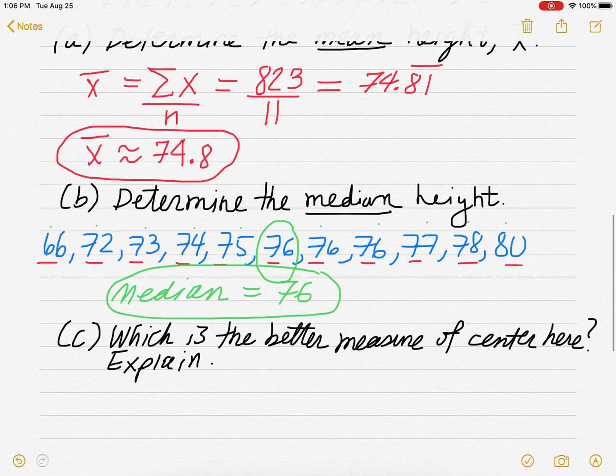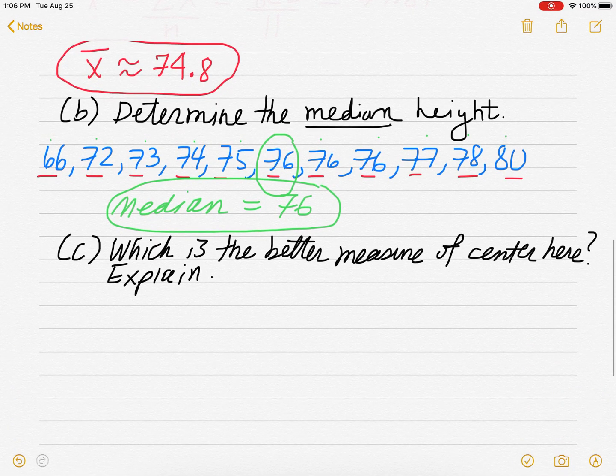Okay, I'm going to scroll down just a little bit. Let's look at our data set here in blue. I've arranged it in order from the smallest to the largest. You see 66 is the smallest, 80 is the largest. Which of these do you think is a better measure of center? 74.8, the mean, or 76, the median? Which one is more in the center?